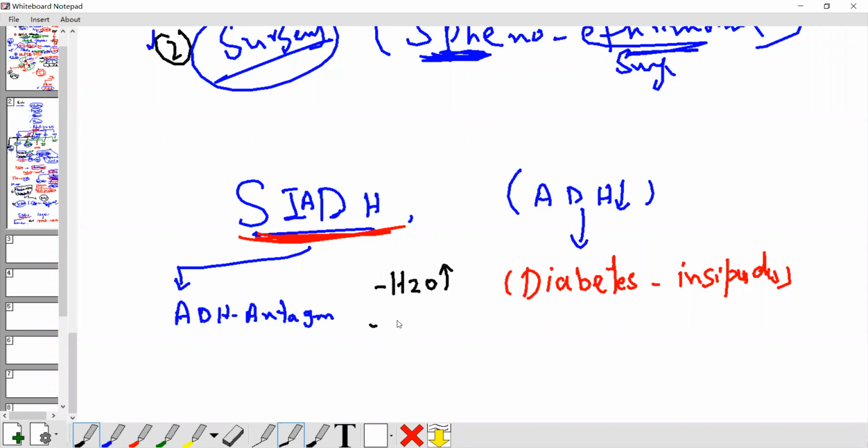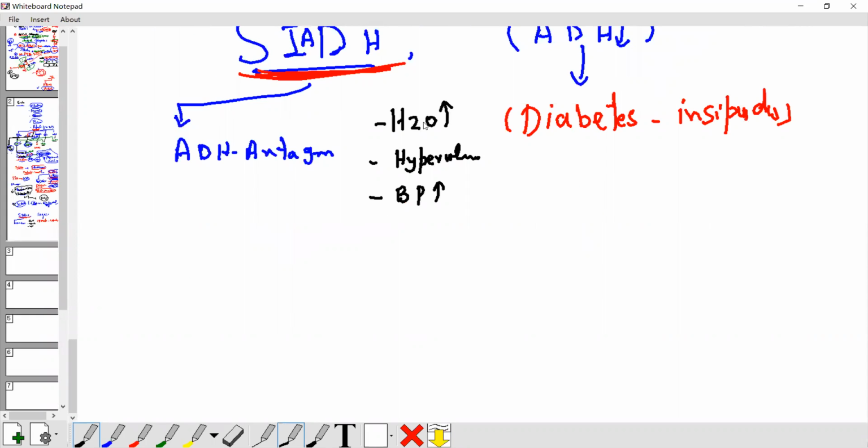What happens inside your body? Hypervolemia. Blood pressure increases, because the urine is not going outside. And when you increase the absorption of just water, how about the osmolarity? Osmolarity will decrease, you are just putting in water. What happens with the sodium?